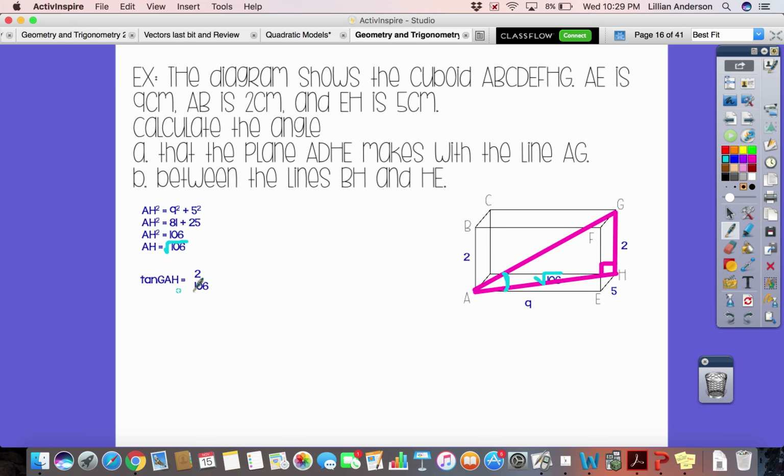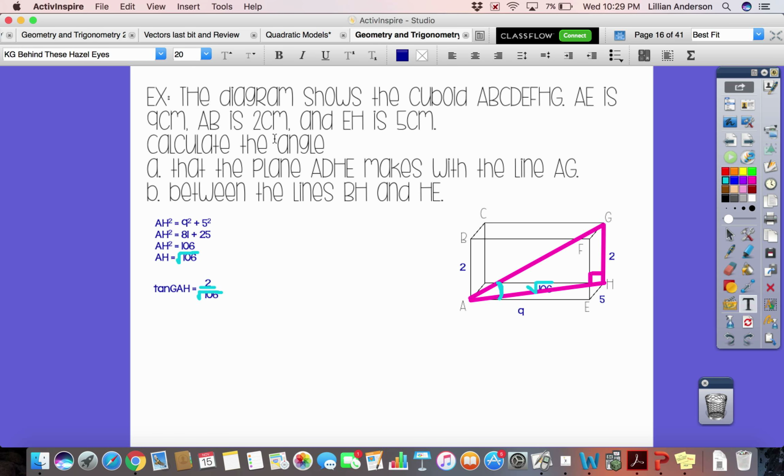Whenever we're looking for an angle, we need to do the what? We need to do the inverse. So we're going to take the inverse of that, and we're going to get our answer.